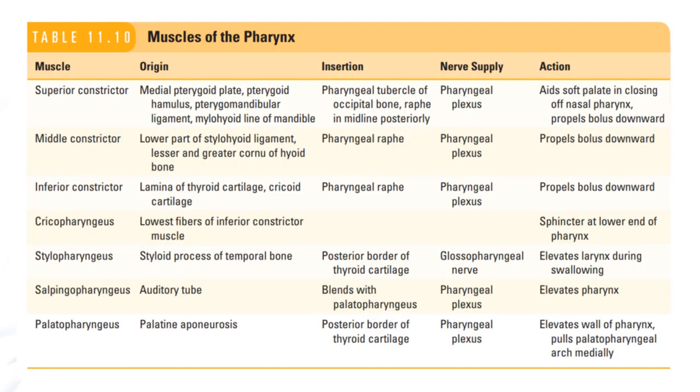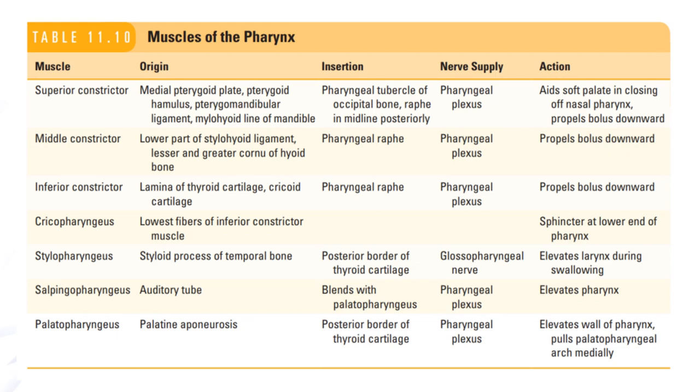This is a summary of the different muscles of the pharynx. As you can see, we have the three constrictors, and we also have the three longitudinal muscles, the stylopharyngeus, salpingopharyngeus, and the palatopharyngeus. And also the sphincter, which is the cricopharyngeus.